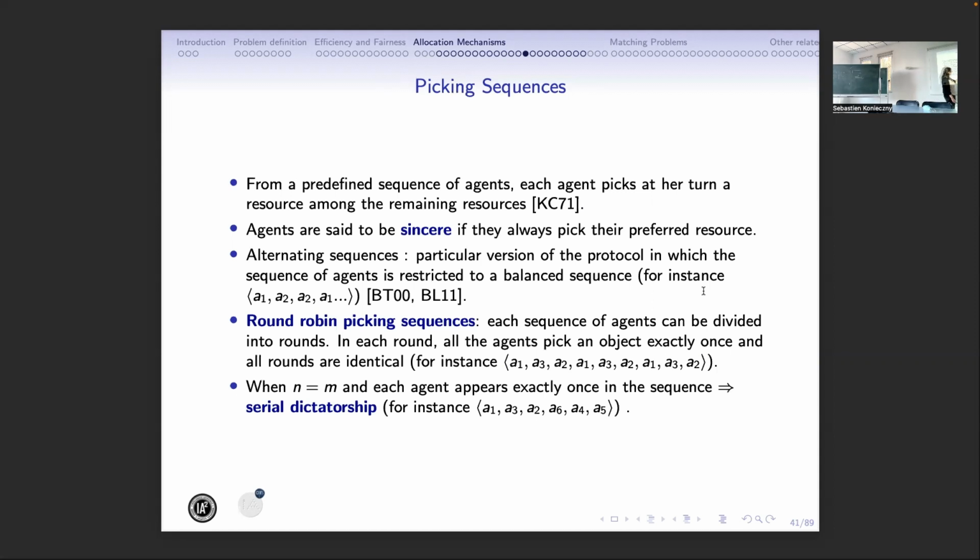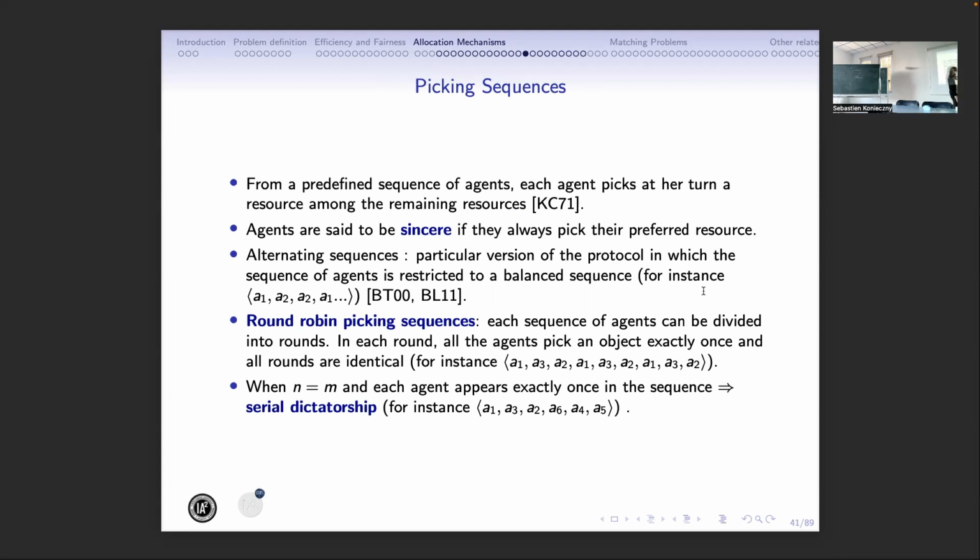If we look at agent 3, agent 3 can envy the resource picked by the first agent, because the first agent has picked before her, but agent 3 won't envy the resource of agent 2 and the second resource taken by agent 1.